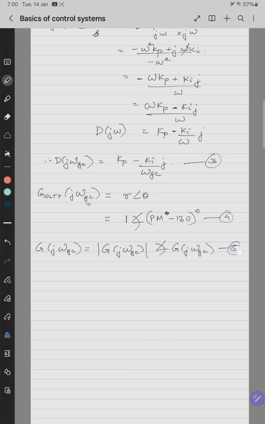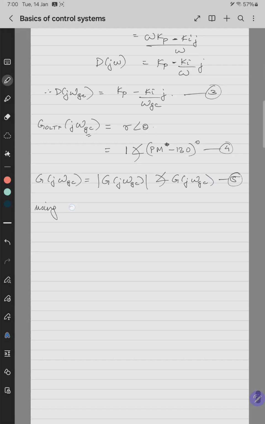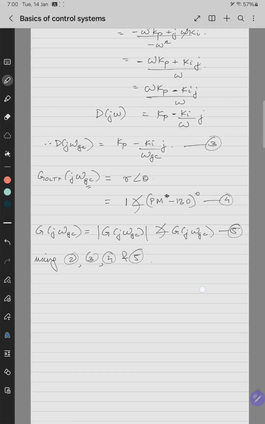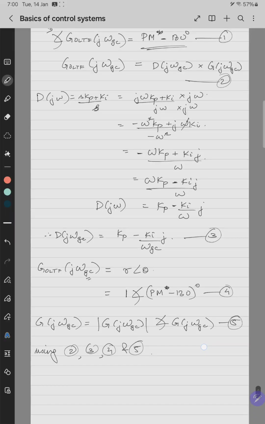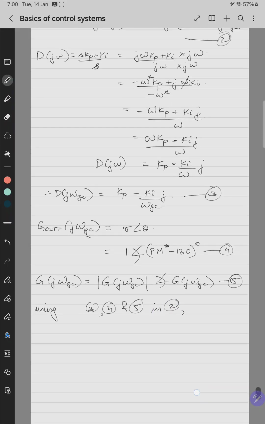Very generic term. So then using 2, 3, 4 and 5, or using 2, 3 and 5 in equation 2, what we'll get is this.